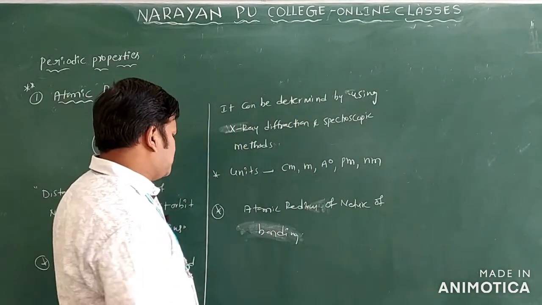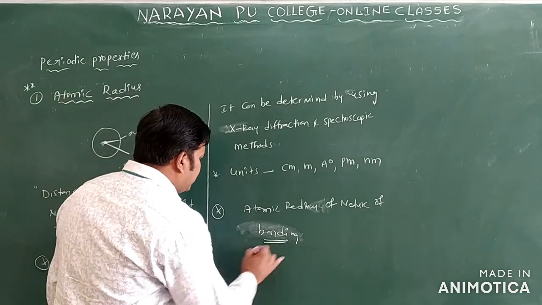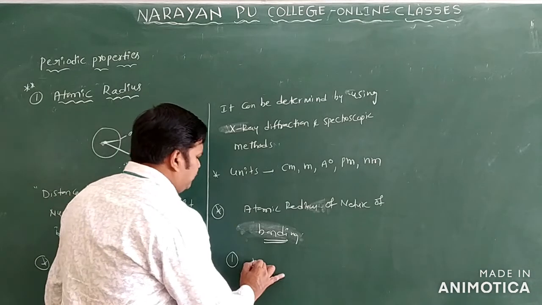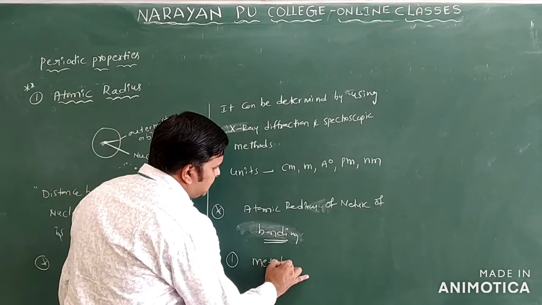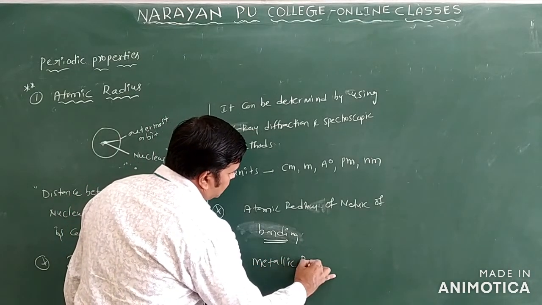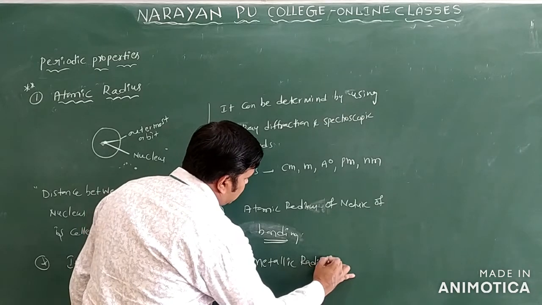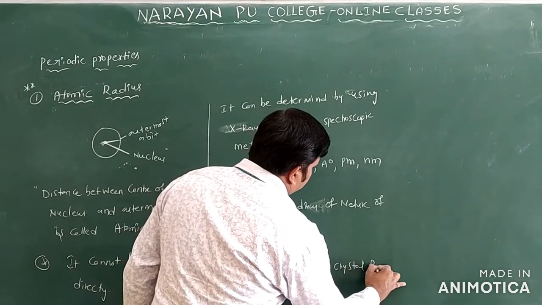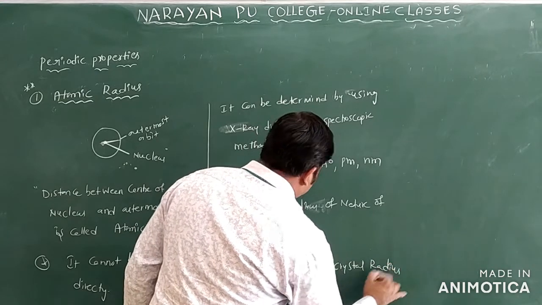One is the metallic radius, or we can call it the crystal radius. Metallic radius is also called crystal radius.